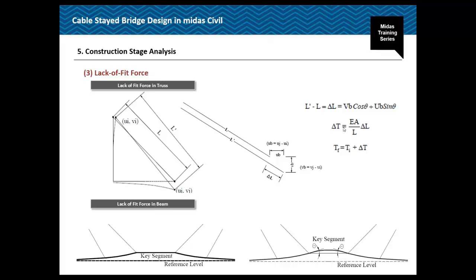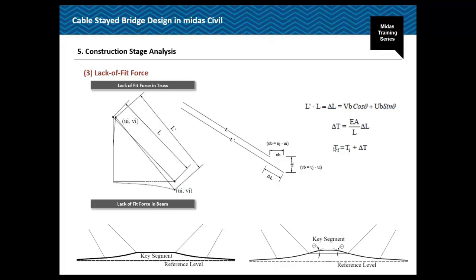Comparing this, we can get this delta T, the additional cable pretension force. And this additional cable pretension is added to the initial pretension, which has been determined in the initial state analysis.